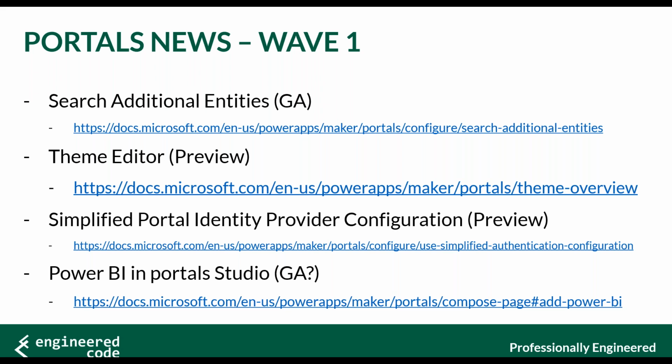Now you can set up your portal identity providers through make.powerapps.com without touching a site setting. This really simplifies the experience for setting up those identity providers. It helps with things like Azure AD B2C. Now you still have to do the configuration on the other side, say, if you're setting up Facebook or Azure AD B2C, you still have to do all the configuration on the other side.